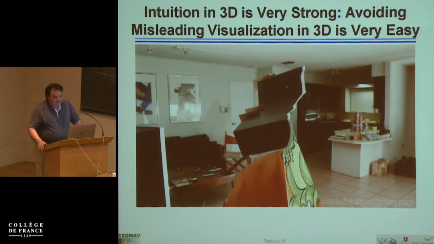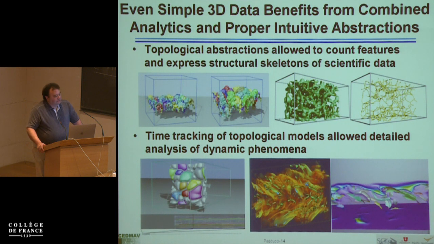So we looked a lot, even for simple 3D models, at how to use technology like topology, and my fixation has been the use of Morse theory, to turn the data into different types of structures, so that you don't just look at raw data and spend a lot of time on that, but you actually can turn a model made of voxels, very high resolution, into, say, simple line networks and things like that.